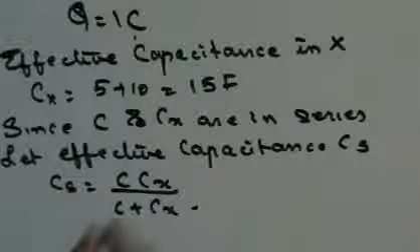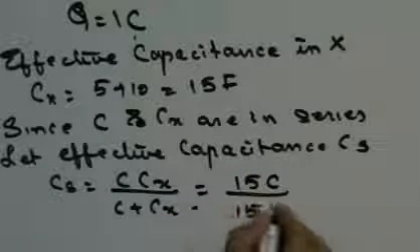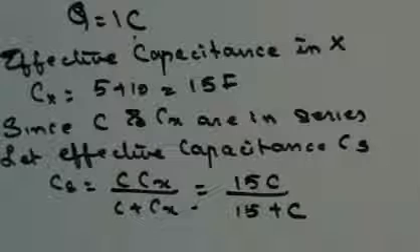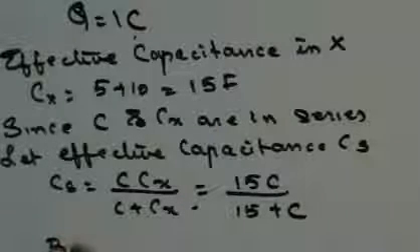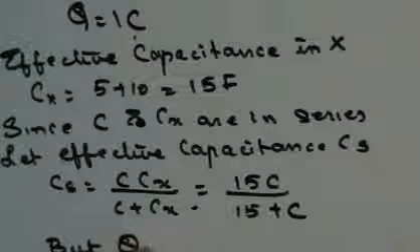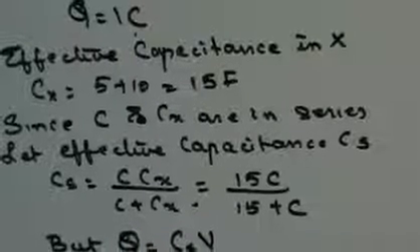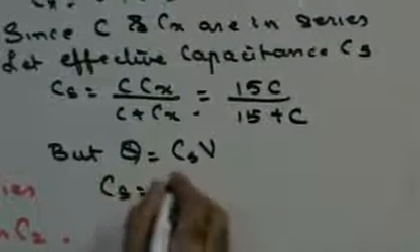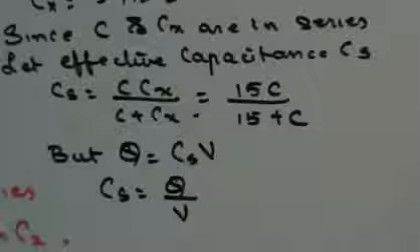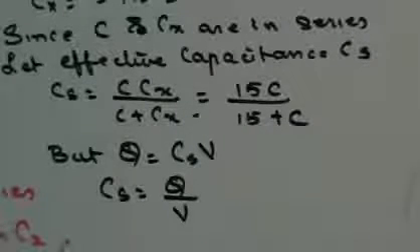Now, this will be 15C upon 15 plus C. But we know that the total charge in the circuit is going to be Cs into V. Therefore Cs is Q upon V. Q we know is 1 coulomb and V we know is 2.